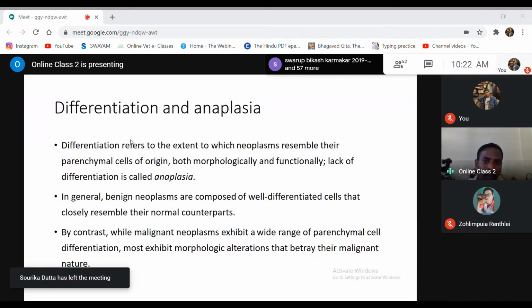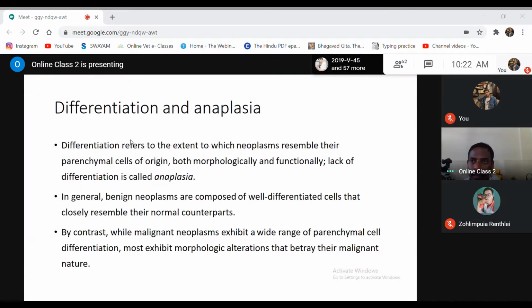It may be morphological differentiation or functional differentiation. When differentiation is absent, when there is lack of differentiation, you normally call that condition anaplasia.